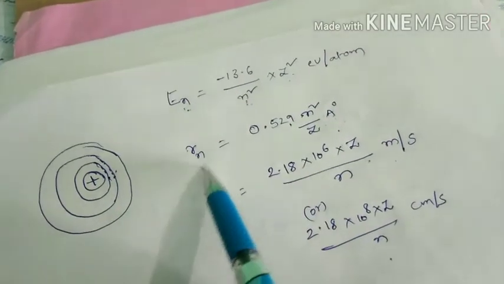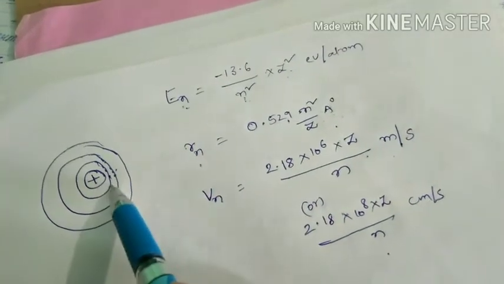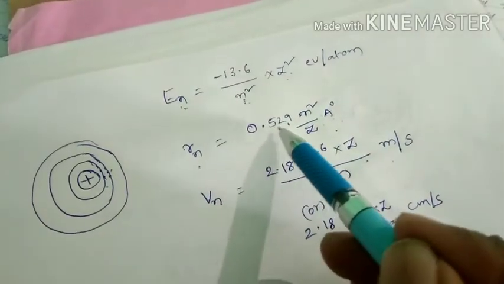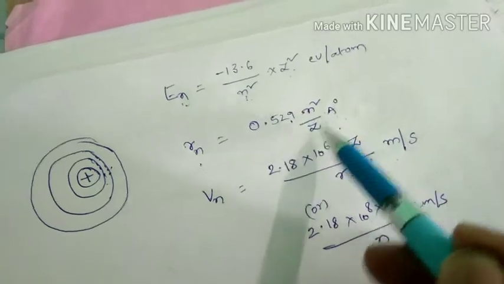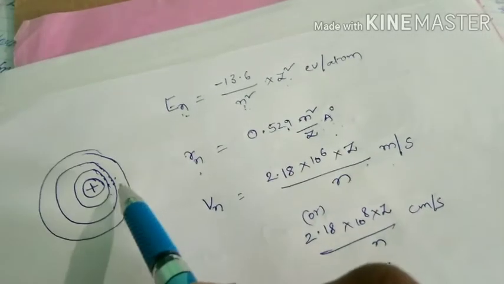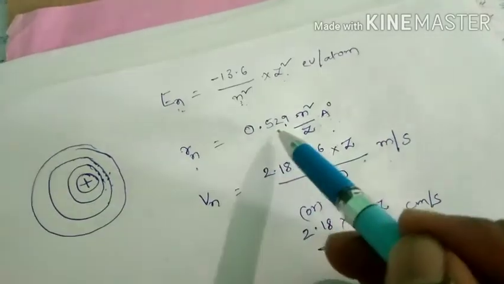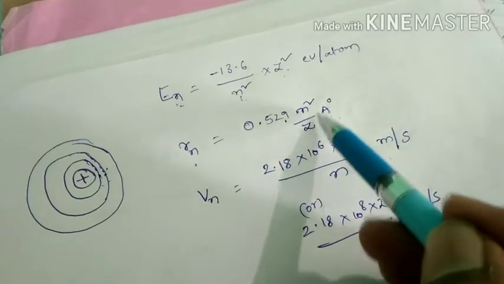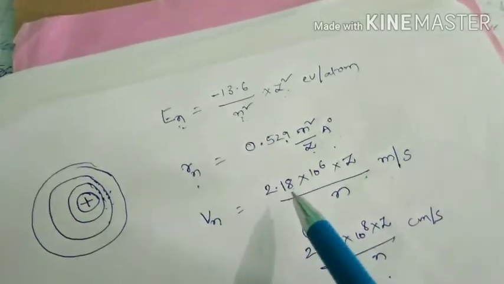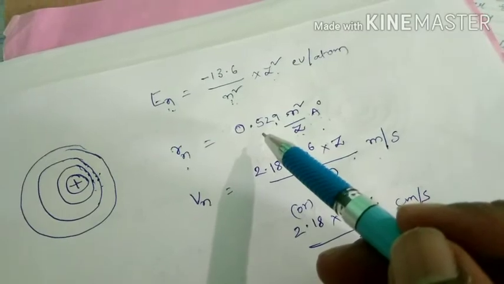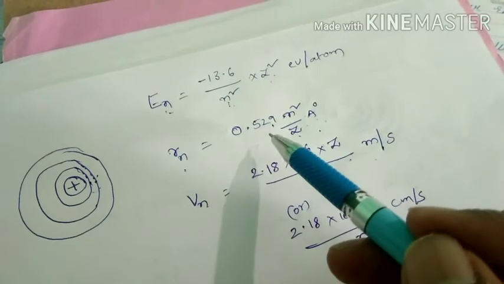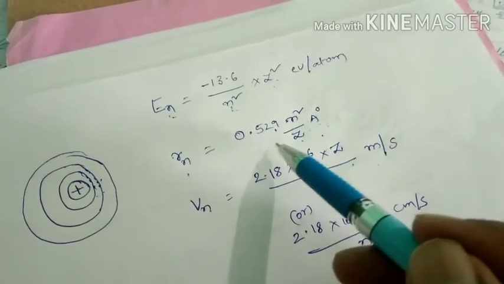So here, radius of the nth orbit: if the electron is present in the first orbit, what is its radius? That means 0.529 into 1 square by Z, the atomic number. If the electron is present in the second orbit, 0.529 into 2 square by its atomic number. Like that we can find the radius of any orbit of an atom.